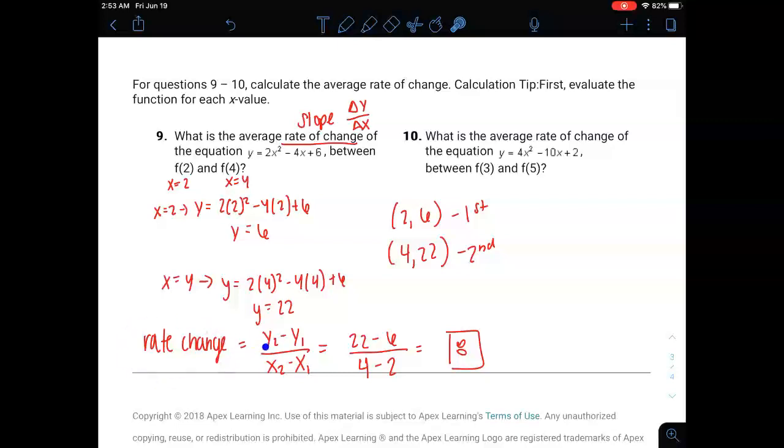So rate of change is equal to the difference between y2 and y1 divided by the difference between x2 and x1. I took my coordinates, this is my second pair and this is my first pair, y2, x2, y1, x1, and I found my slope, or my rate of change, is equal to 8.